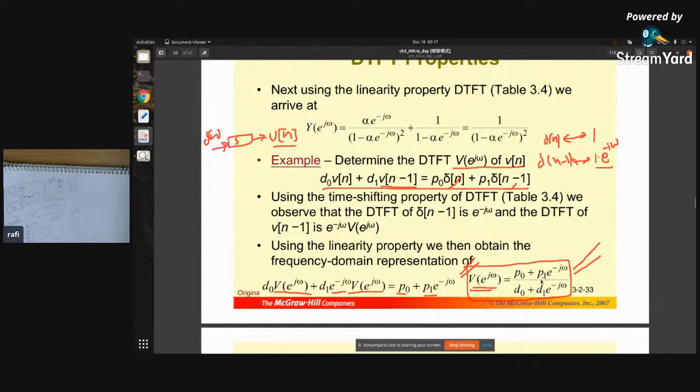Put some p0, p1, d0, d1 values, and vary ω from −π to π. You can take discrete frequencies, because on a system you cannot have infinite frequencies, for example π/6, π/2, something like that.